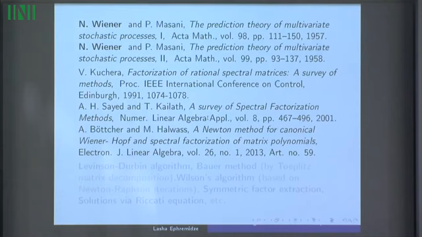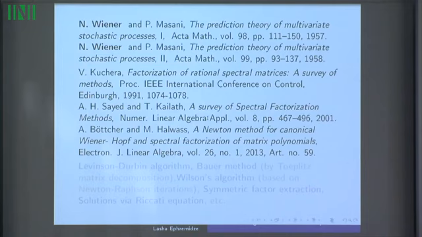He paid attention that in probability theory, in the prediction of stationary stochastic processes, it played an important role as a special case. He tried to develop an algorithm first, and since then, because of existing applications, many engineers and mathematicians have tried to develop such algorithms, such methods.